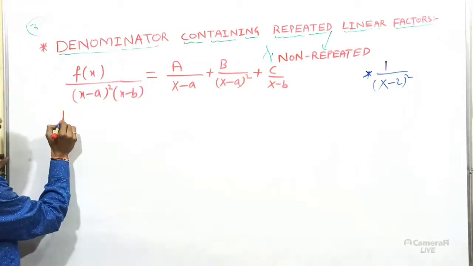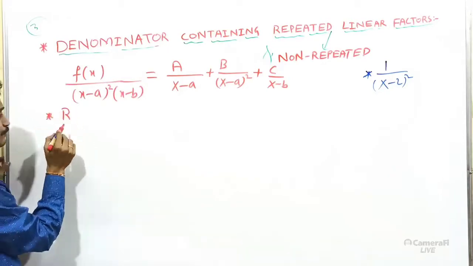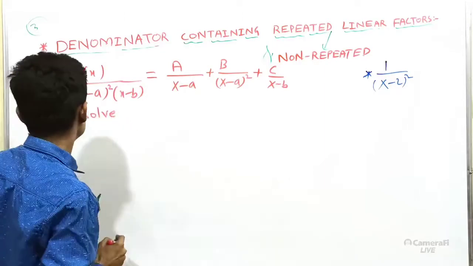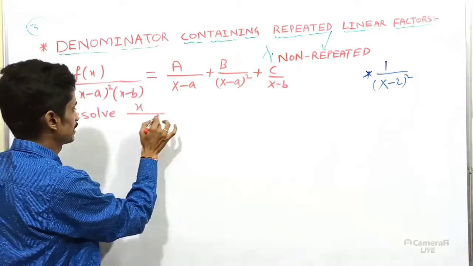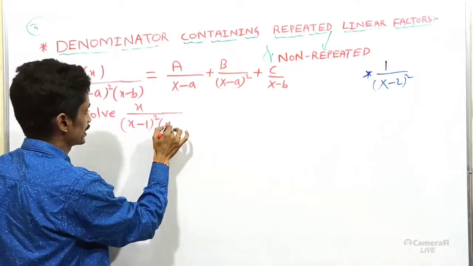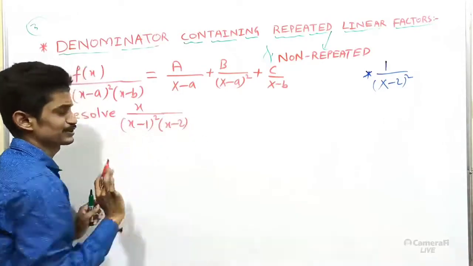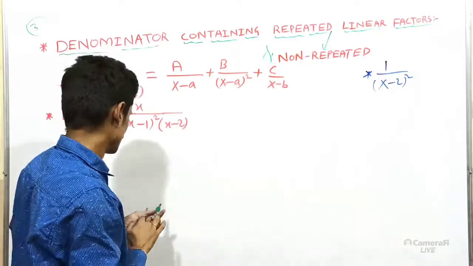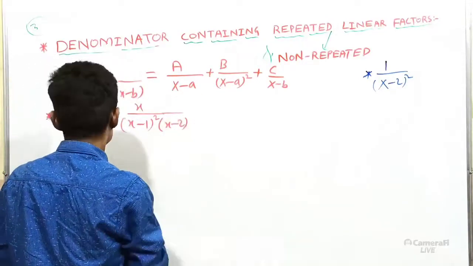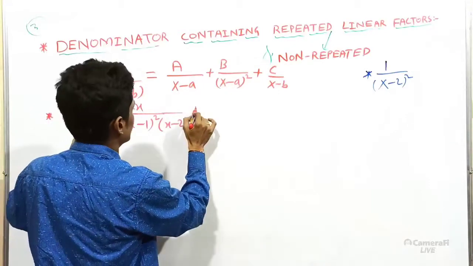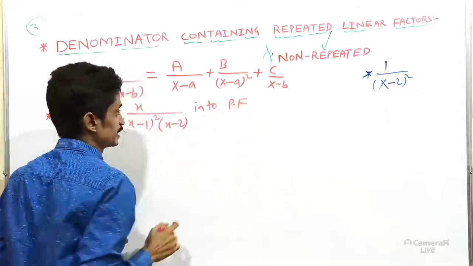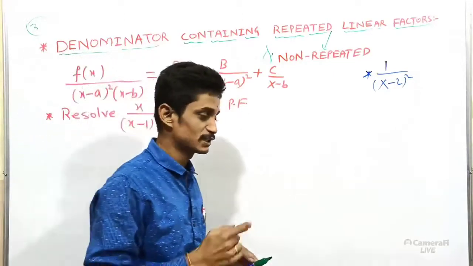Now, how will the question be asked? Resolve x divided by x minus 1 whole square into x minus 2. Simple question I have chosen. Resolve into partial fractions. Here I am not taking method number 1.